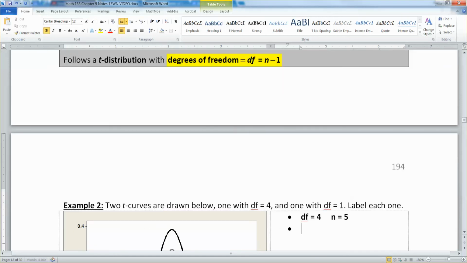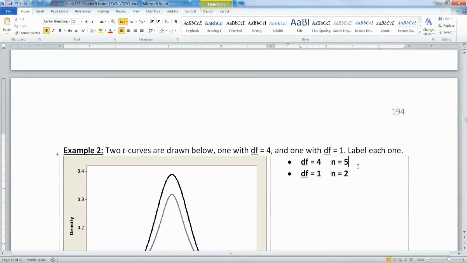If your degrees of freedom is 1, that means n is 2, because 2 take away 1 is 1. Remember that a larger n has a t curve closer to the z curve.